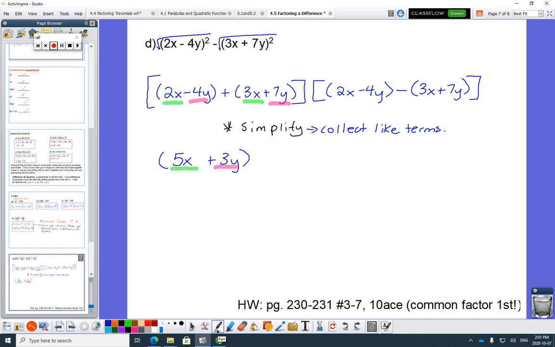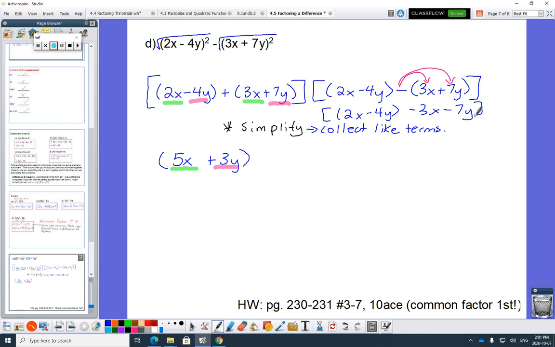The only problem on this side, this negative is going to change these signs. Okay? So it's kind of like minus 3x minus 7y.